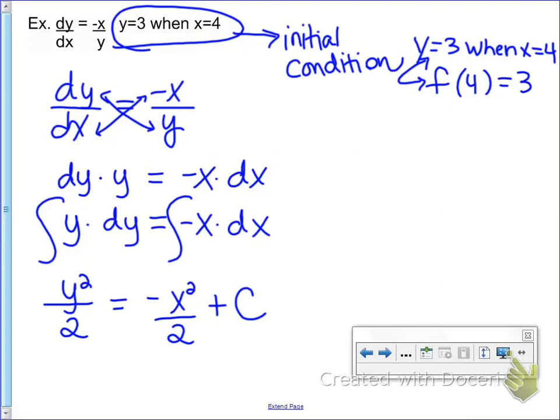We plug in 3 for y and 4 for x and solve for c. 3 squared over 2 equals negative 4 squared over 2 plus c.